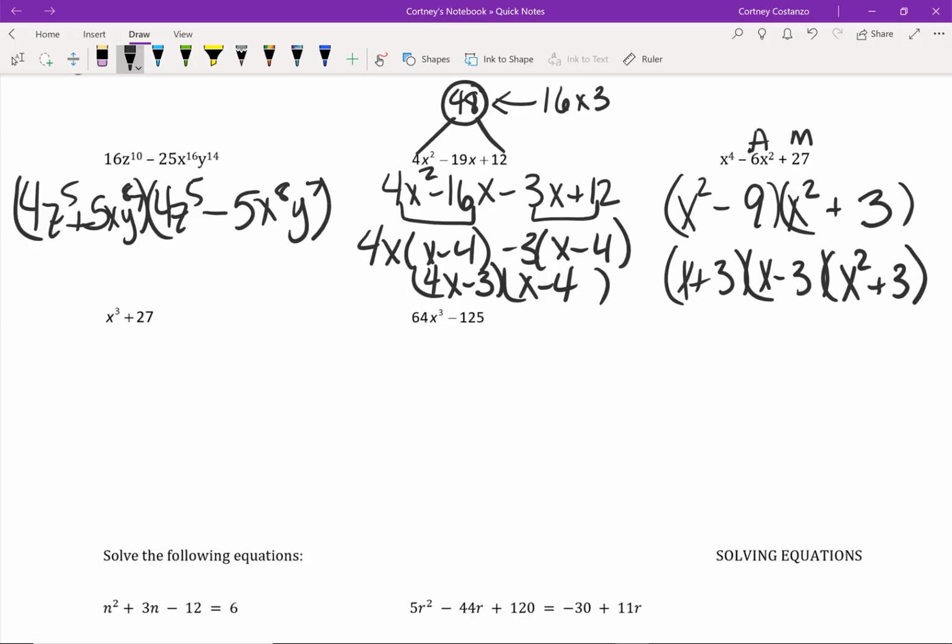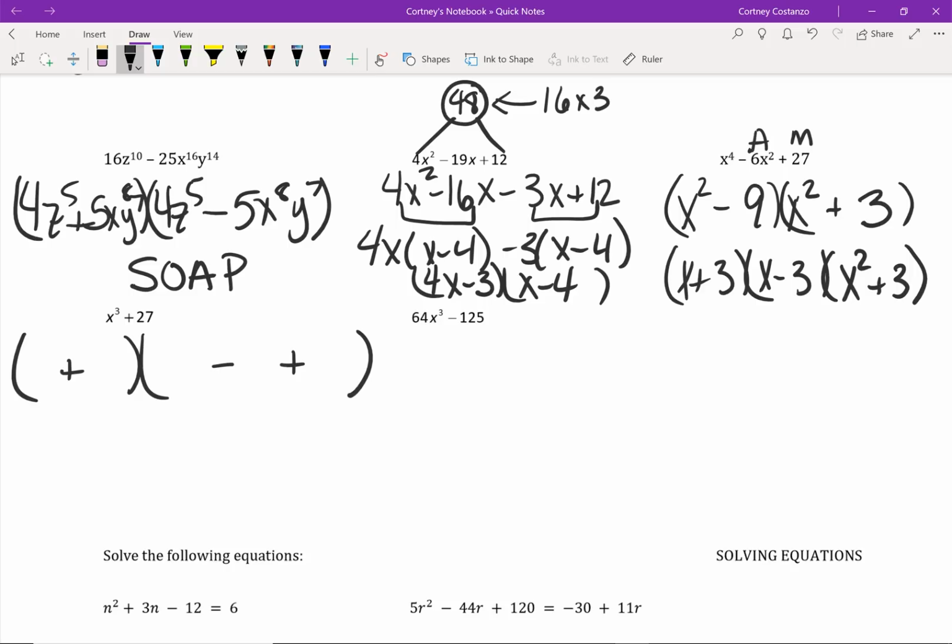Our last two factoring examples here are what we call SOAP. Now remember, SOAP stands for same sign, opposite sign, always positive. So when we use SOAP, that stands for the fact that it's a binomial times a trinomial, so same sign, opposite sign, always positive.